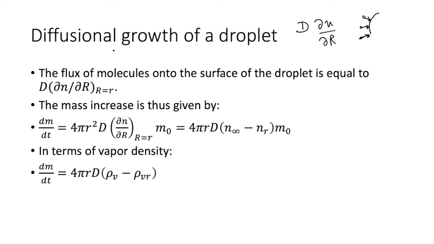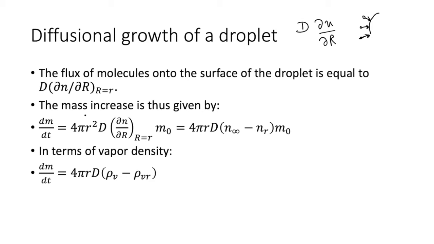The mass increase because of this flux is a very simple calculation, right? So we know that each little droplet has a certain mass. We are fluxing water vapor molecules on the droplet, and so we're increasing the mass of the droplet, and we're increasing it with a term that is proportional to the flux at the radius of the droplet times the area, okay?